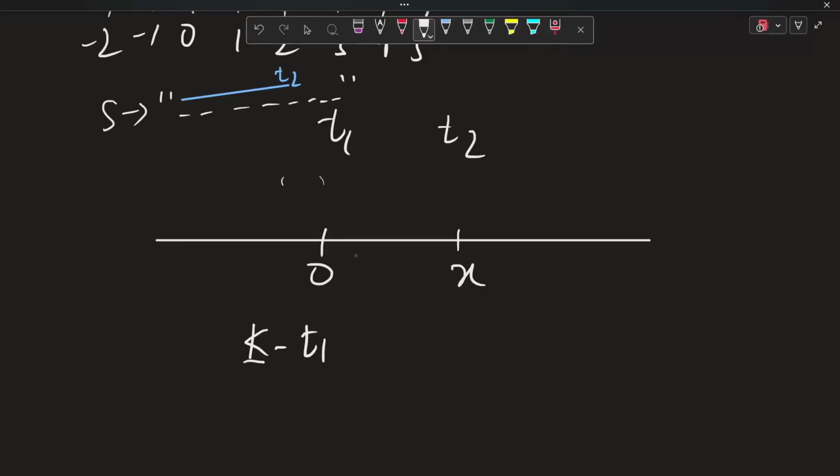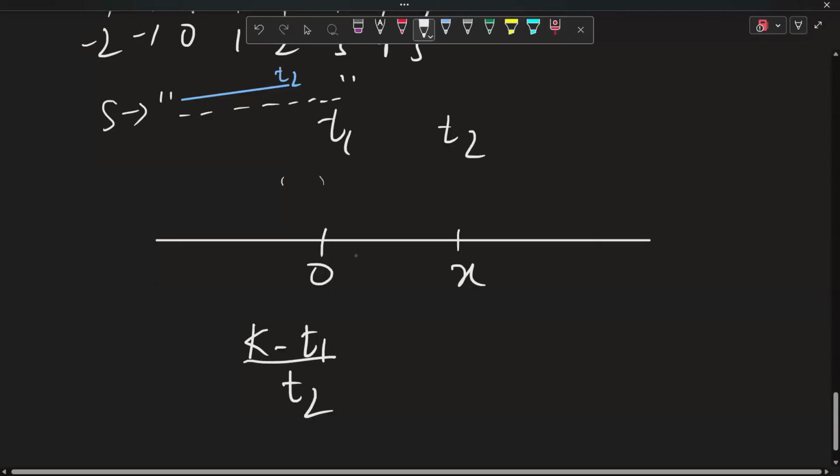So this divided by t2 would give you the number of times you come back to 0. And for the first time when you came back to 0, you can add a 1.